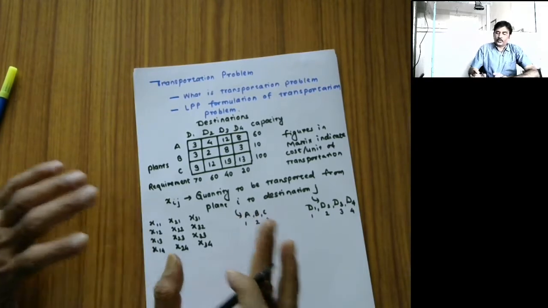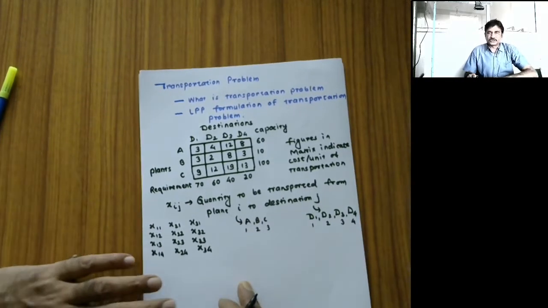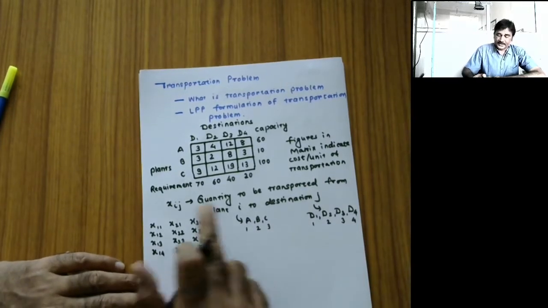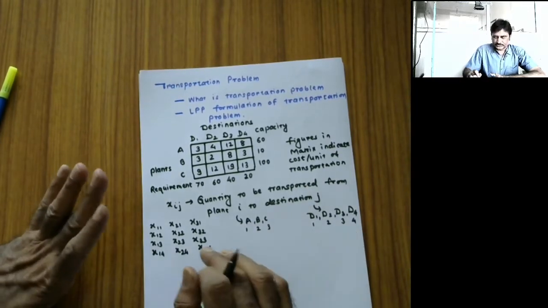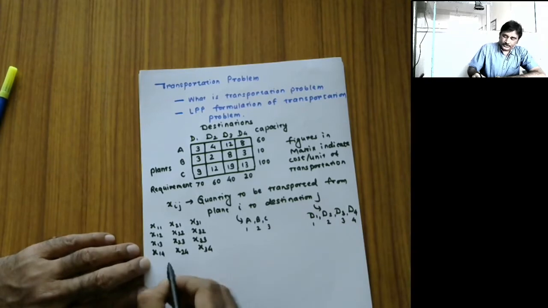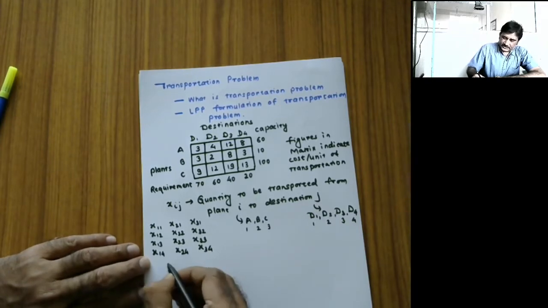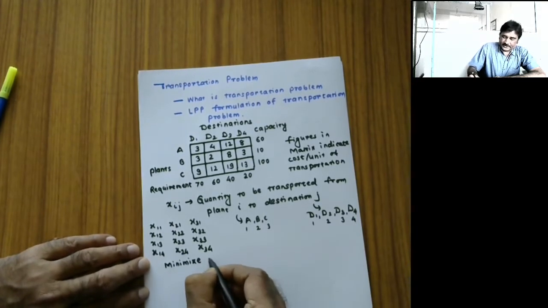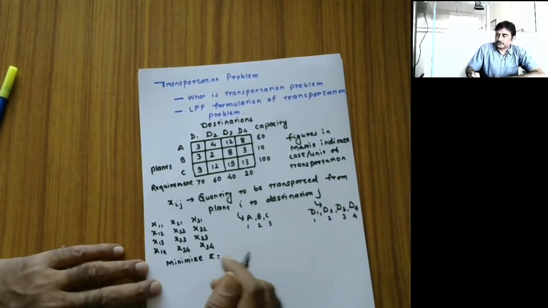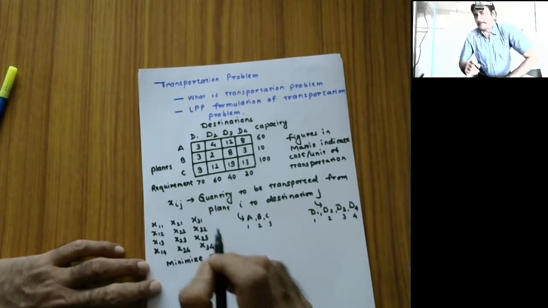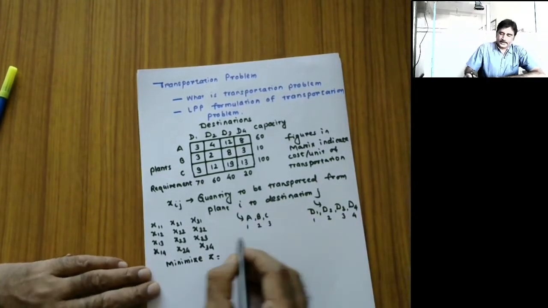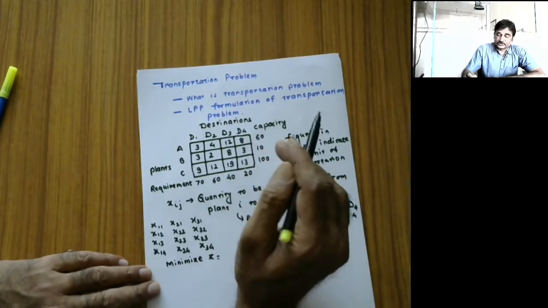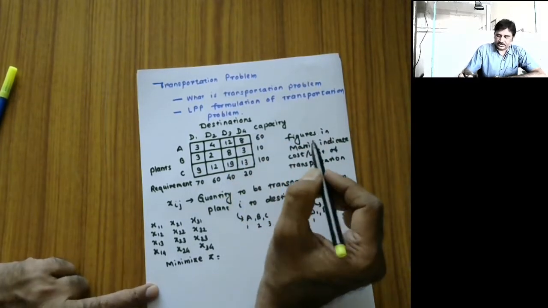Just to help you know the complete expanse of the formulation, there are 12 variables. Now, your objective function, as I have told you, is minimize z equal to, you want to minimize the total cost of transportation.